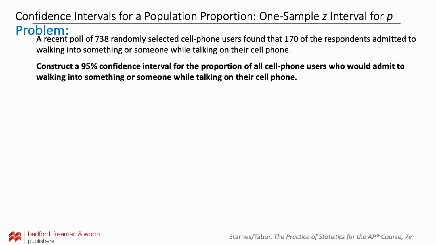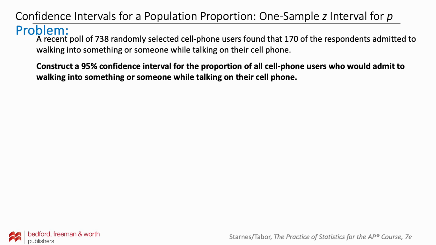So a recent poll of 738 randomly selected cell phone users found that 170 of the respondents admitted to walking into something or someone while talking on their cell phone. Construct a 95% confidence interval for the proportion of all cell phone users who would admit to walking into something or someone while talking on their cell phone.